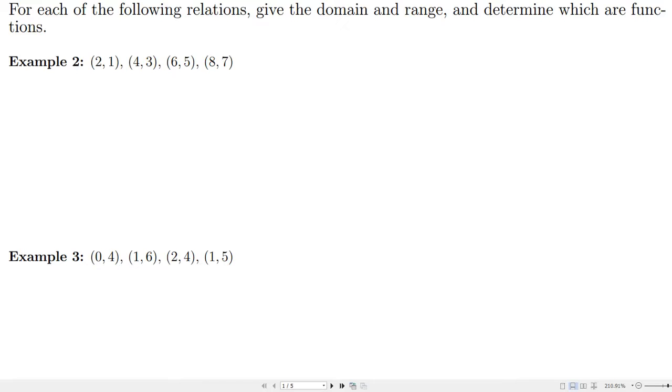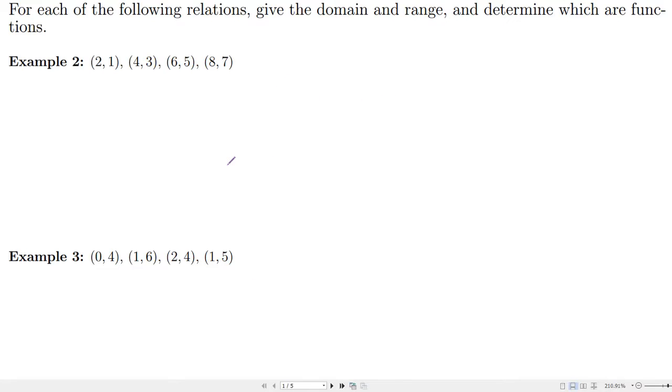So the set of all first coordinates is the domain of the relation, and the set of all second coordinates is the range of the relation. So here we have two examples. We have a set of ordered pairs, and we want to give the domain, the range, and determine which of these are functions.